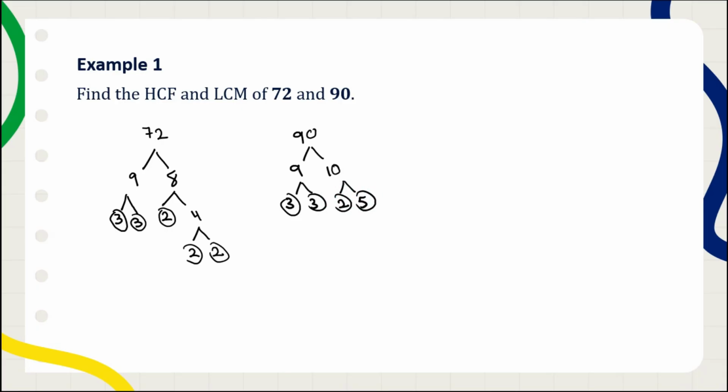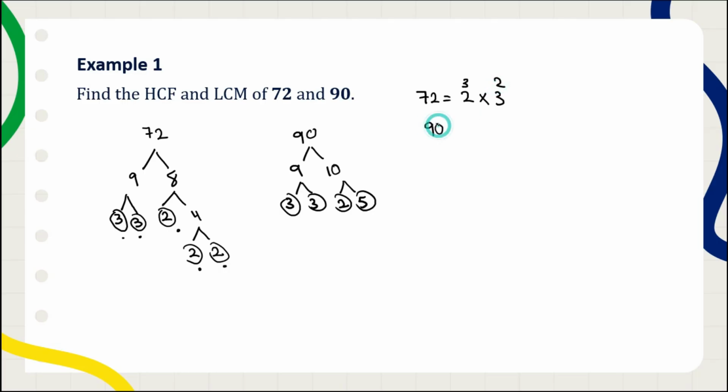Now let us write each of them as a product of their prime factors. For 72, it can be written as 2. How many 2's do we have? 1, 2, 3. It is 2 to the power of 3 by 3 to the power of 2.